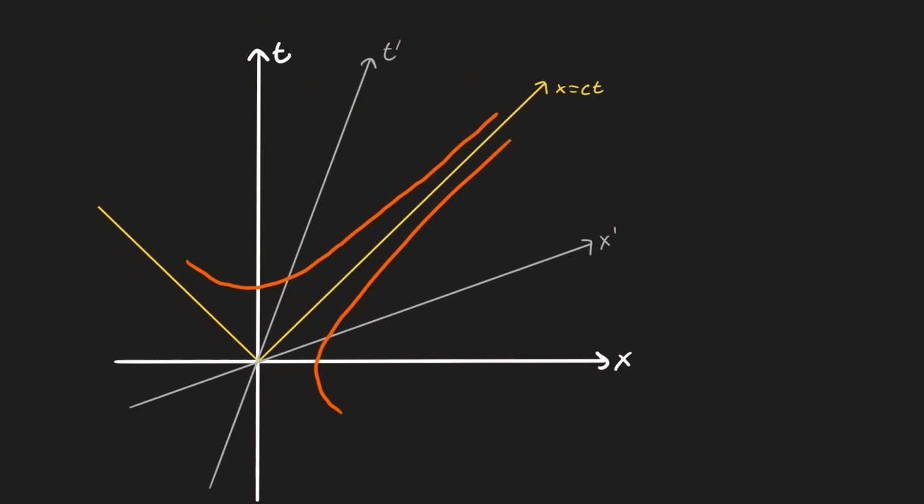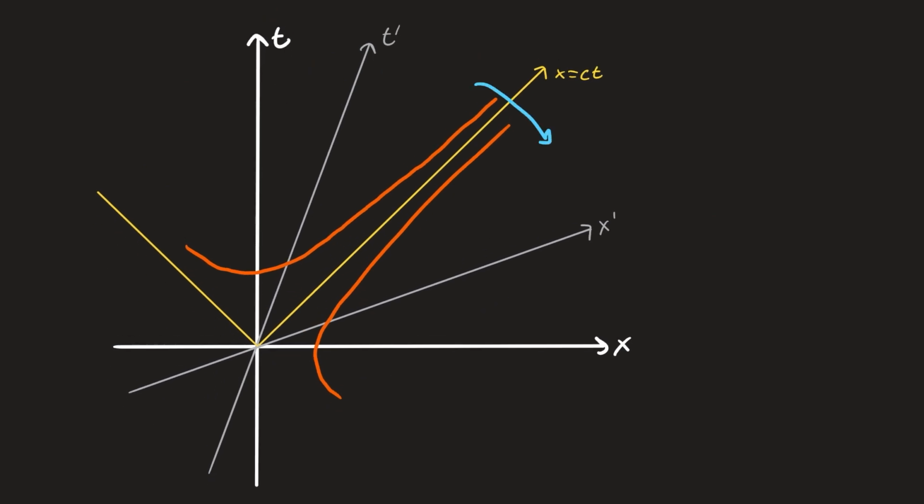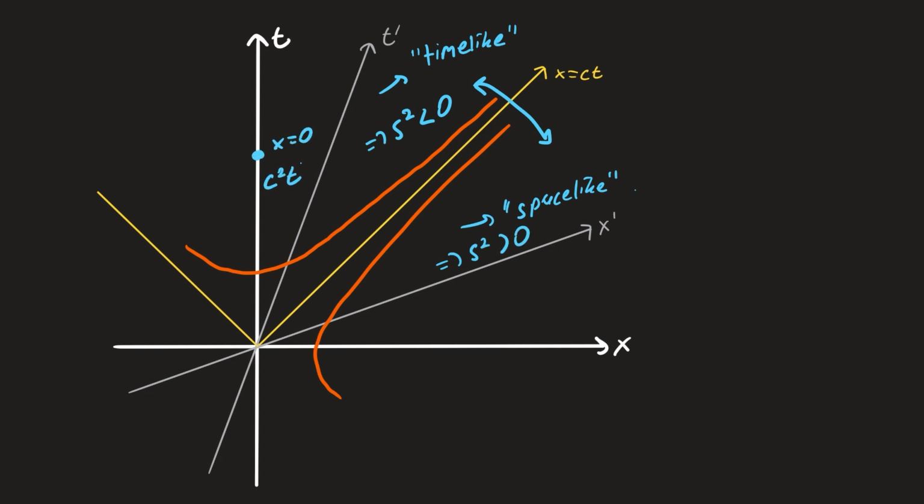What gives the space and time orientation to spacetime is that minus sign of the interval. If you're on the timelike side of the axis, then the s squared has to be negative. If you're on the spacelike side, it has to be positive. So say we have a point right here on the t-axis. That means x is equal to 0 here, and so s squared is just equal to c squared t squared.